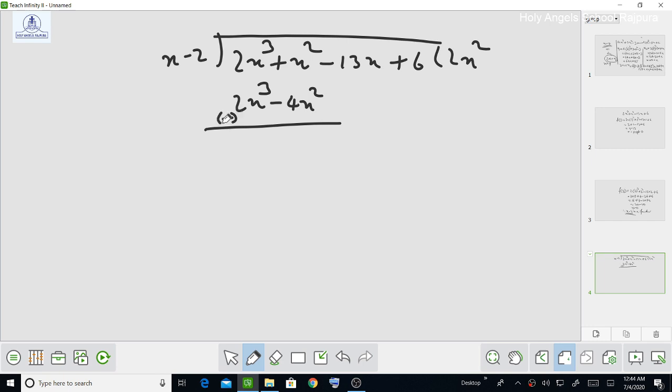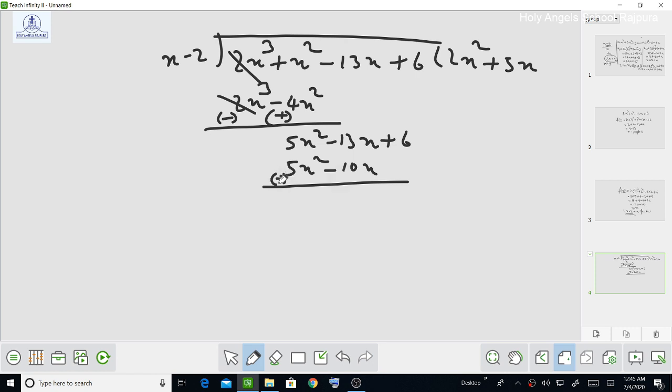Subtract it. This is cancelled. x square plus 4x square, that is 5x square minus 13x plus 6. To get 5x square, what number should be multiplied with x? 5x. So, 5x into x is 5x square, 5x into minus 2 is minus 10x, subtraction, minus 13x plus 10x, that is minus 3x plus 6.